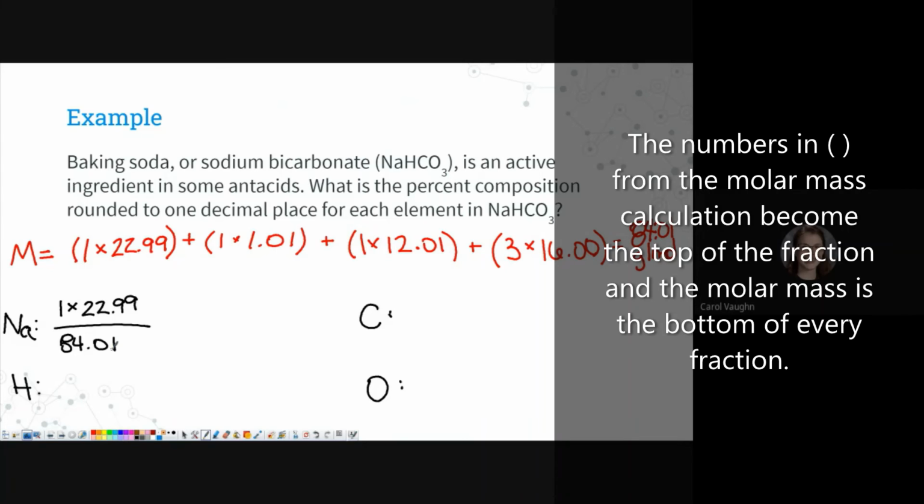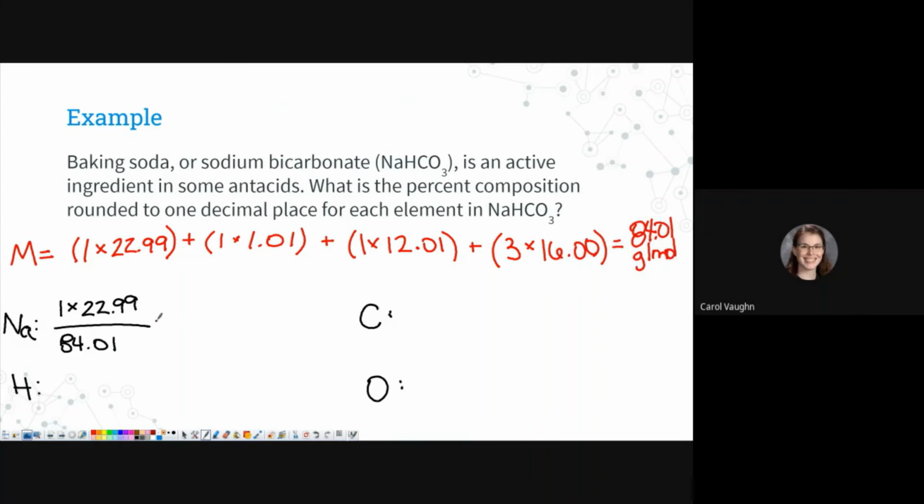And your denominator is always going to be the same, the molar mass of the compound, 84.01. Then since we're calculating a percent, we just multiply it by 100.